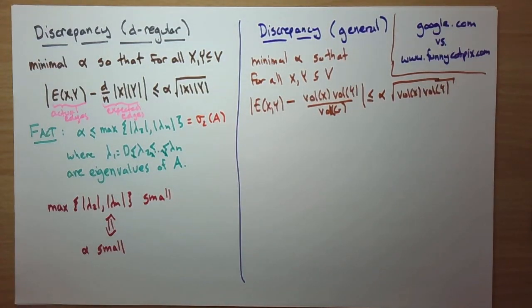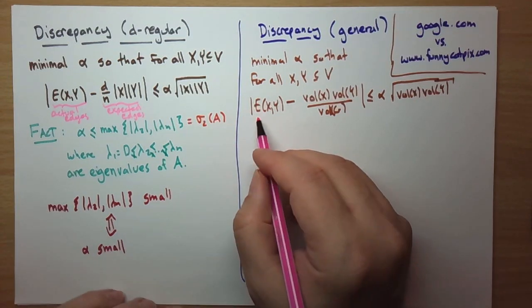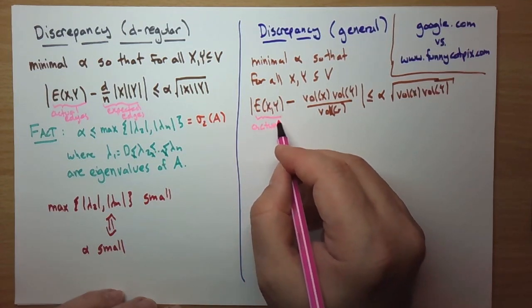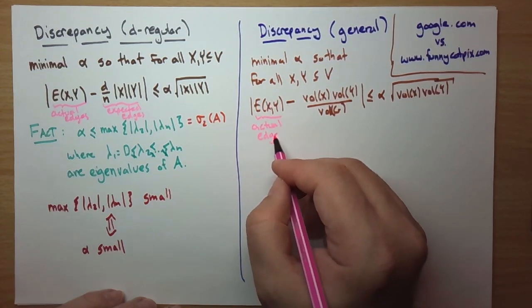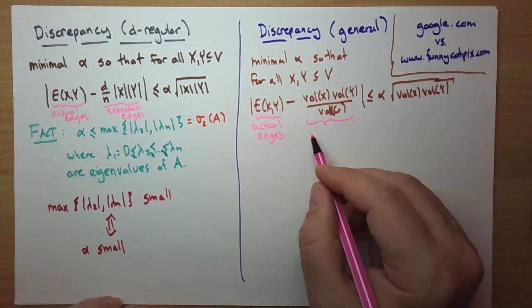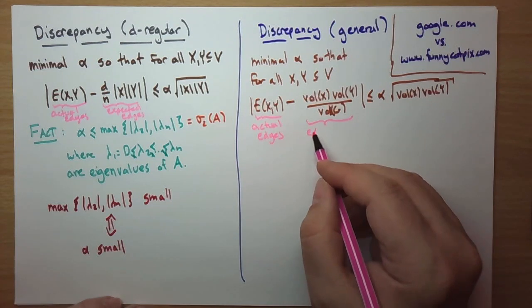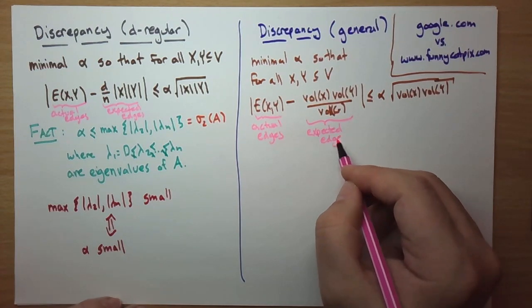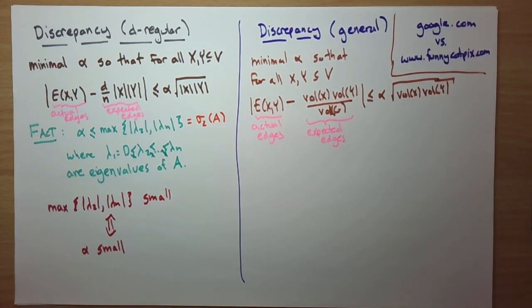So if you still say, okay, how does this fit in with the other setting? It's the same kind of thing going on. You still have the edges is the same thing, so it's the actual number of edges. And then this volume x, volume y over volume of G, well, this turns out to be the expected number of edges. And what you're just doing is you're saying, well, volume of x, that says how many connections do I have going out to things.